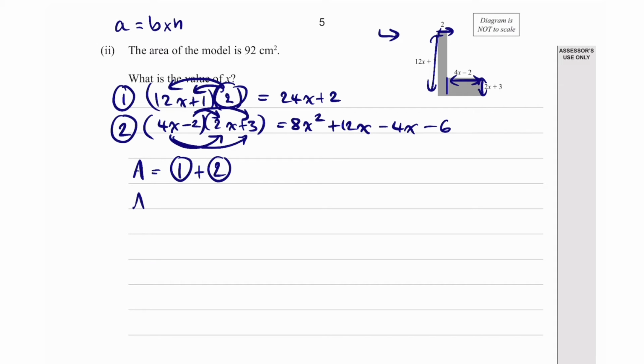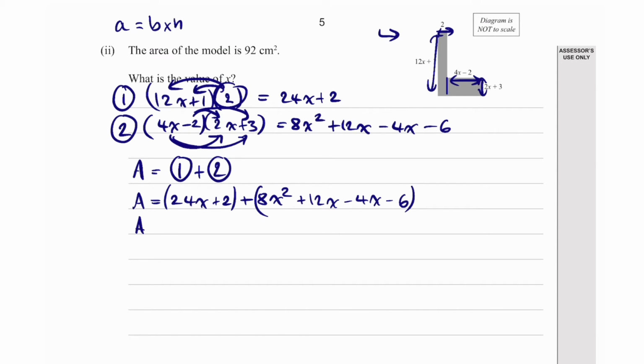So we've got area is equal to 24x plus 2 added with 8x squared plus 12x minus 4x minus 6. Actually, this part here should be in a bracket because we're just adding an expression in, and so should this part. Now let's simplify down. Because we've got a plus sign here, we don't have to do any sign flipping.